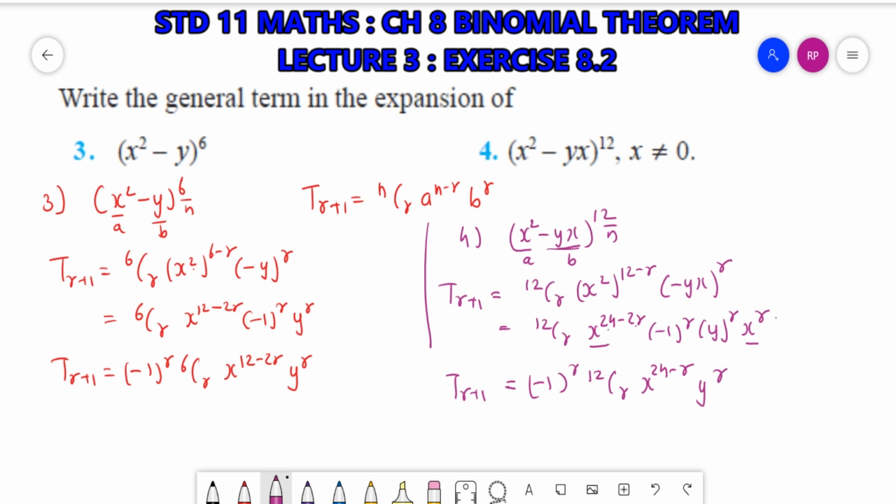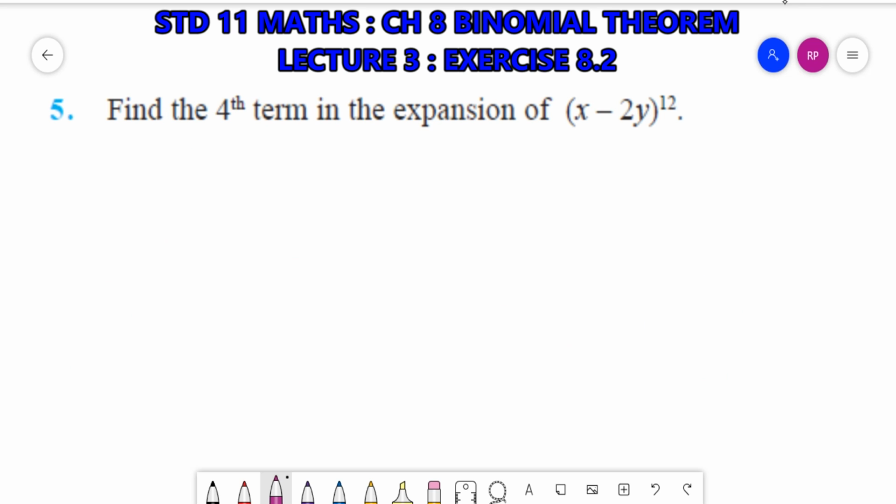Now let's move to the next question. Question number 5. Find the fourth term in the expansion of (x minus 2y) raised to 12. (x minus 2y) whole raised to 12. This is for a, b is minus 2y, n is 12.